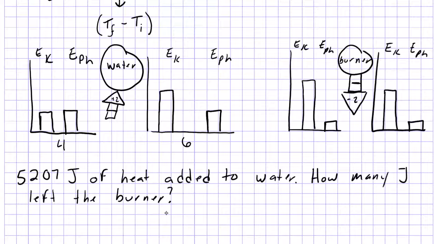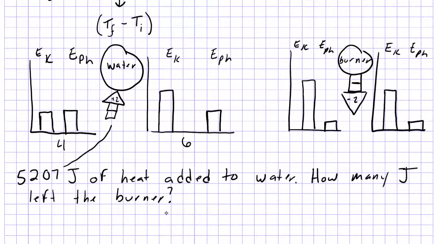And this is actually pretty easy. You're going to insist on making it tricky because you think that since I gave you equations and talked about that stuff, it's going to be tricky. But remember what I just said. 5,207 joules of heat were added to the water. So this plus 2 bars is representing 5,207 joules.